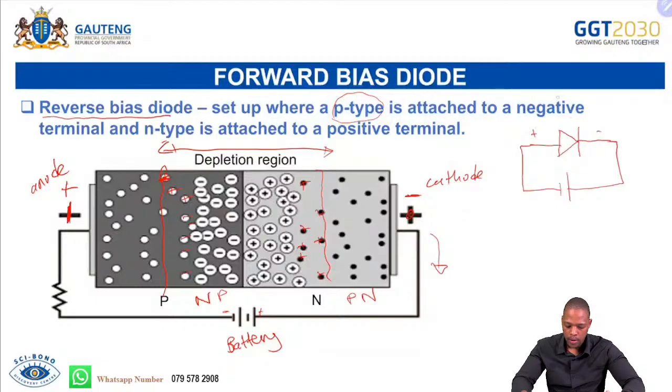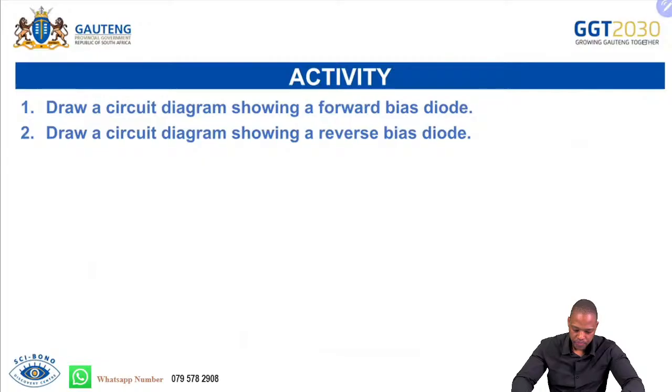So you now have what is called a forward biased diode. Okay, grade 10, we are just going to take 3 minutes for an activity, and I want to see if you are understanding what we are doing here. I want you to draw a circuit diagram showing a forward bias diode, and then again draw a circuit diagram showing a reverse bias diode.